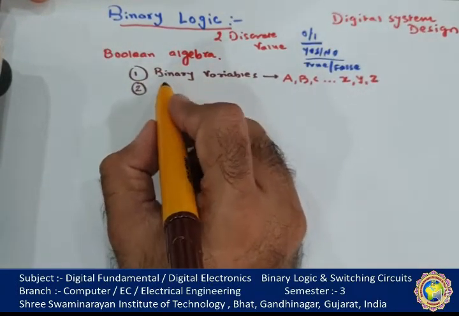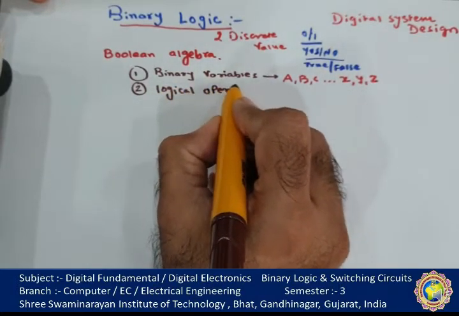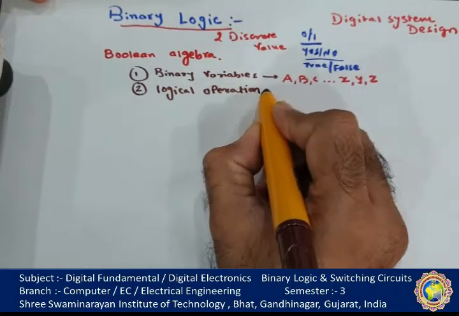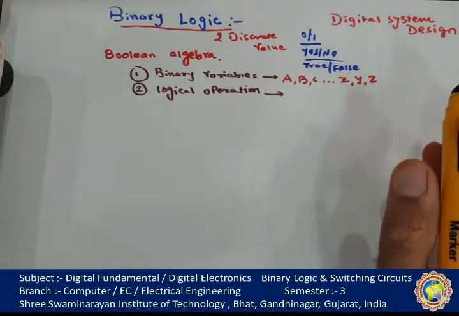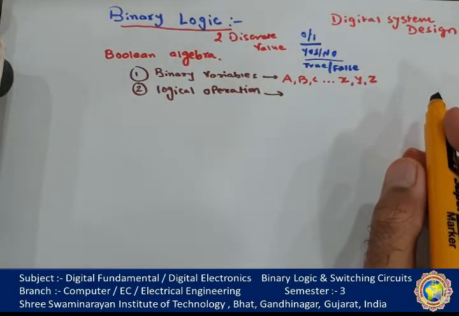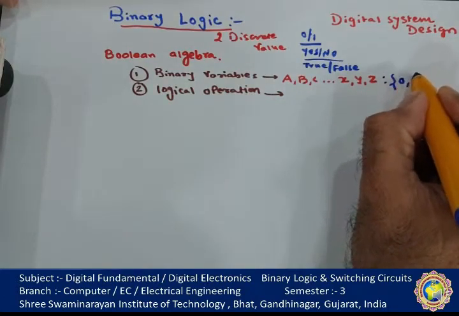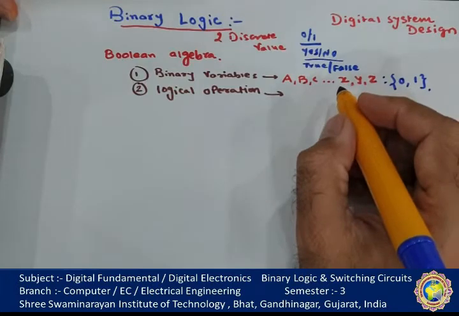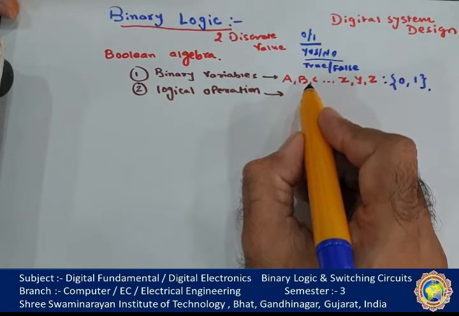The second thing is the logical operation. A logical operation differs from a mathematical operation, which you will understand after covering this topic. Here the variables have only two possible values, 0 and 1, while logical operators operate on these variables and generate some logical result.